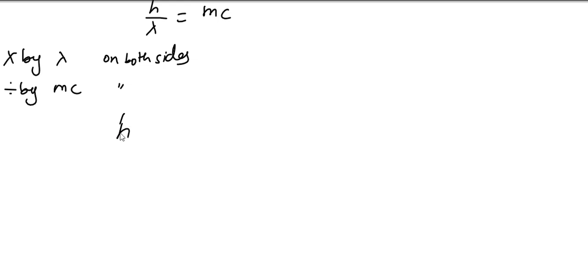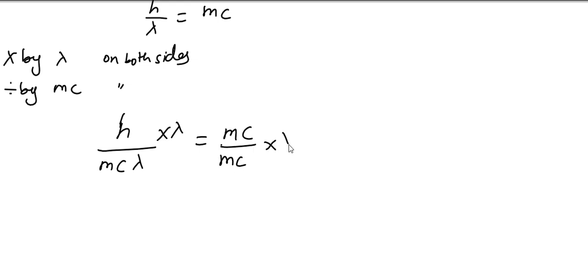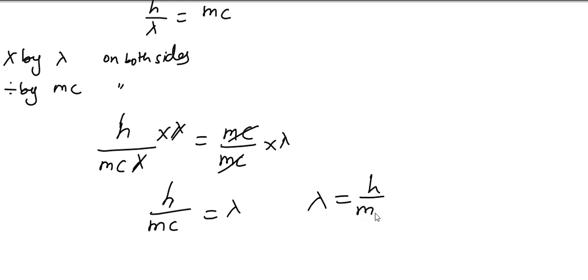So once you do it, h by mc lambda into lambda equal to mc divided by mc into lambda. So here mc cancels out and lambda cancelled out. Finally h divided by mc is equal to lambda, or you can write it as lambda is equal to h by mc.